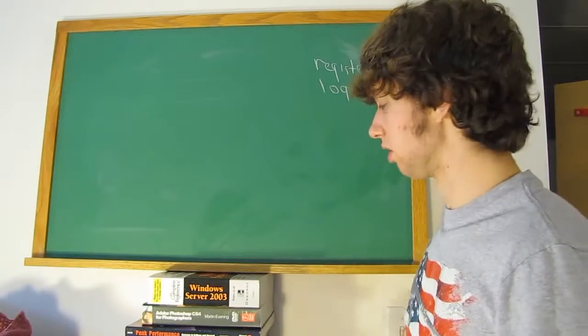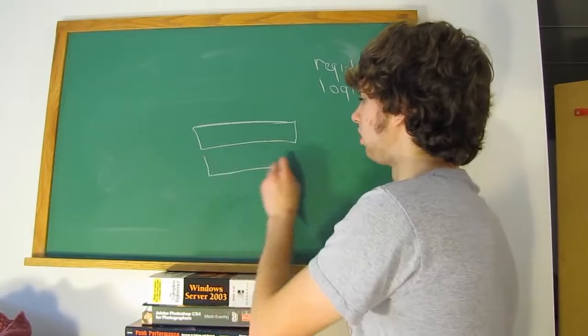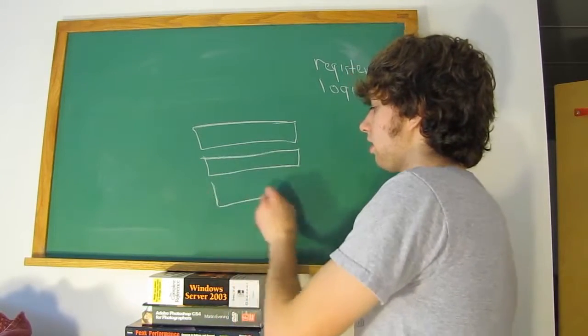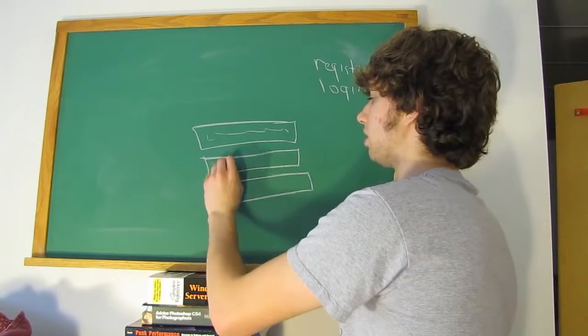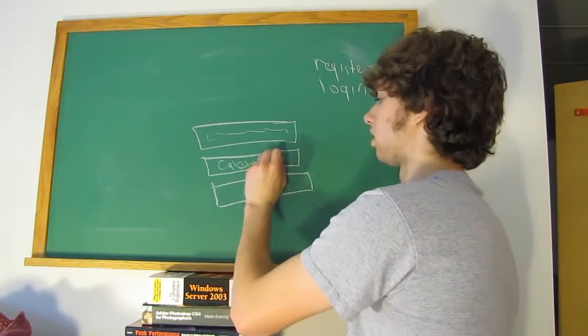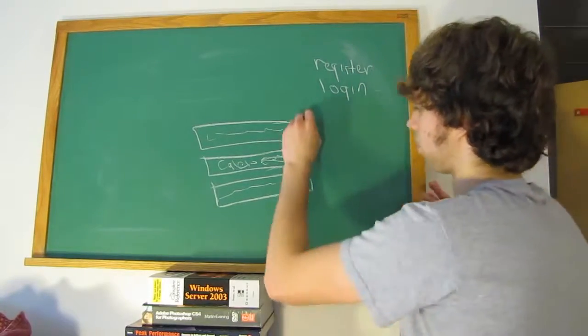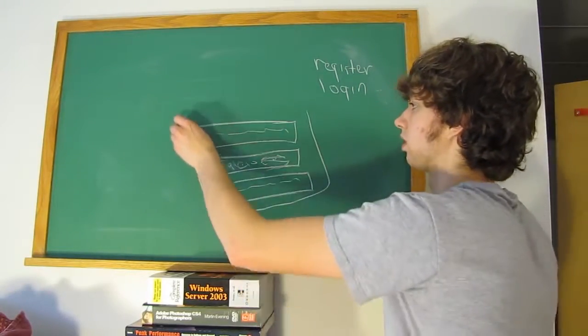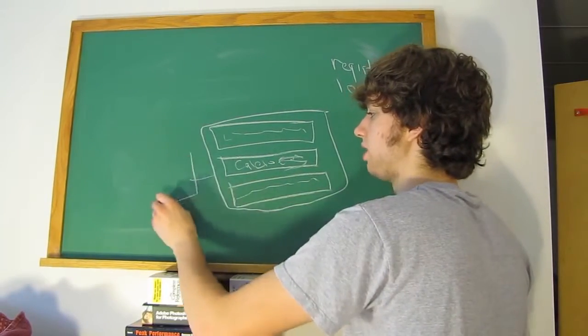So for register, it may request an email, a username, and a password. So you put your email in, put your username in, and you put a password in, right? Now, this is all going to be taken and given to a PHP script.